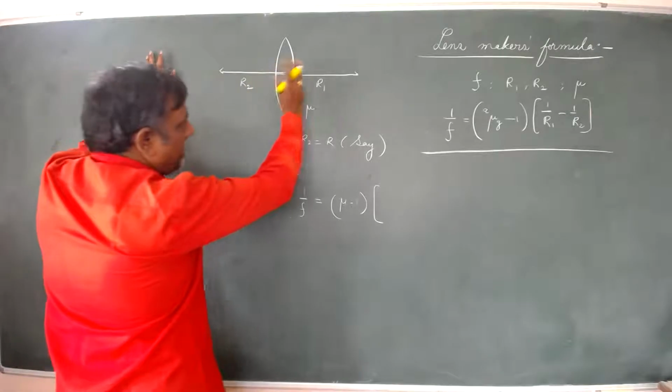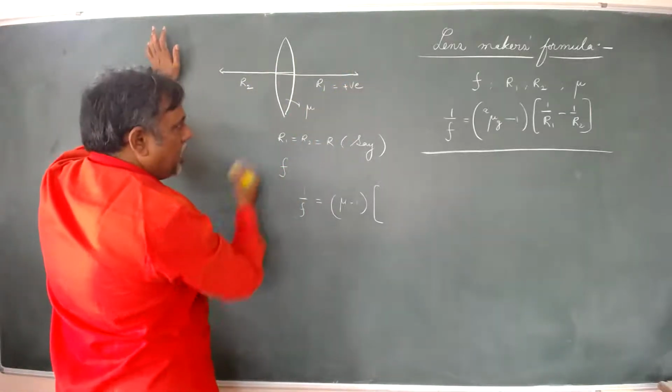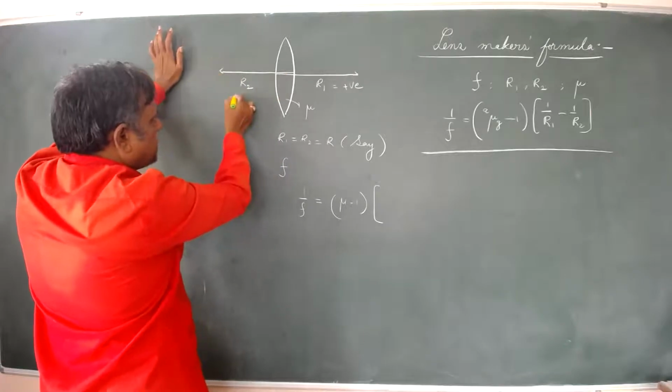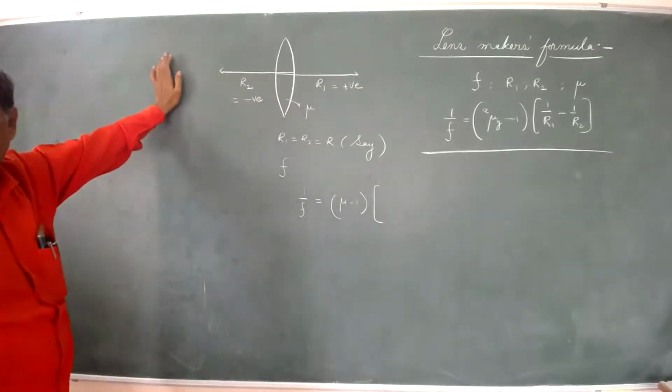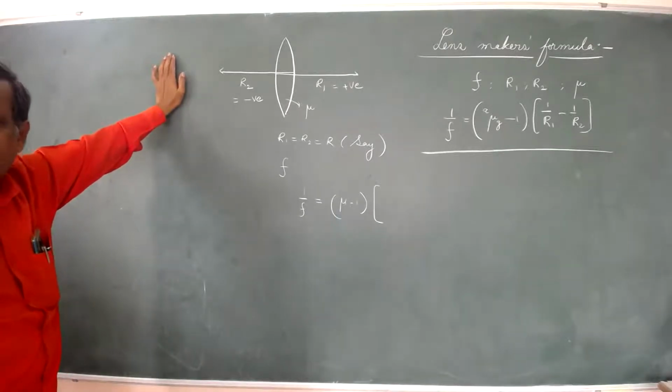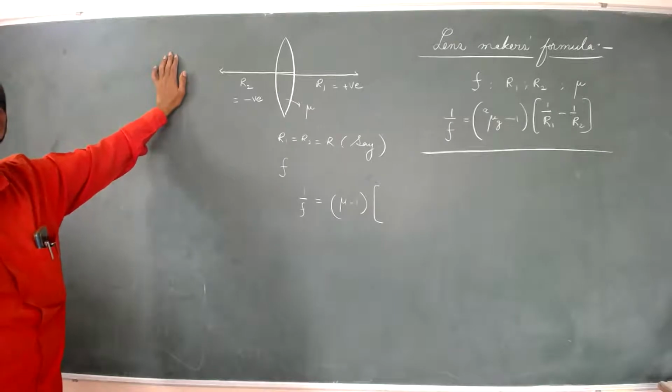R1 is on the right side, and right side means positive. R2 is on the left side, and left side means negative. Whatever values you take with the sign convention, you need to substitute those values.